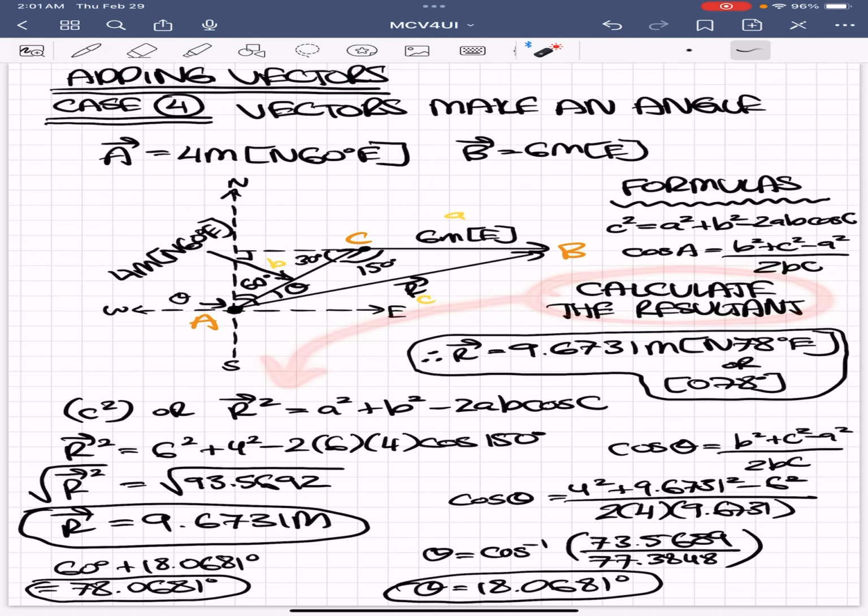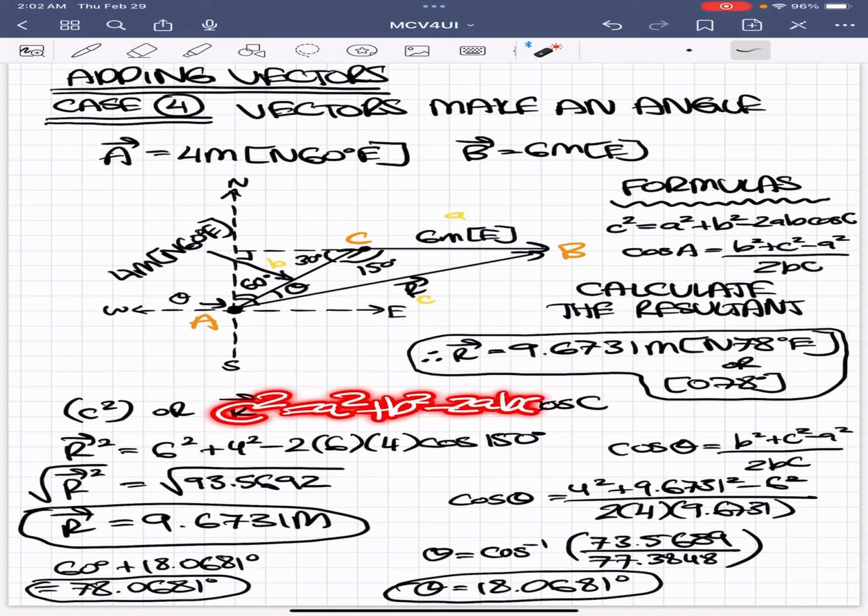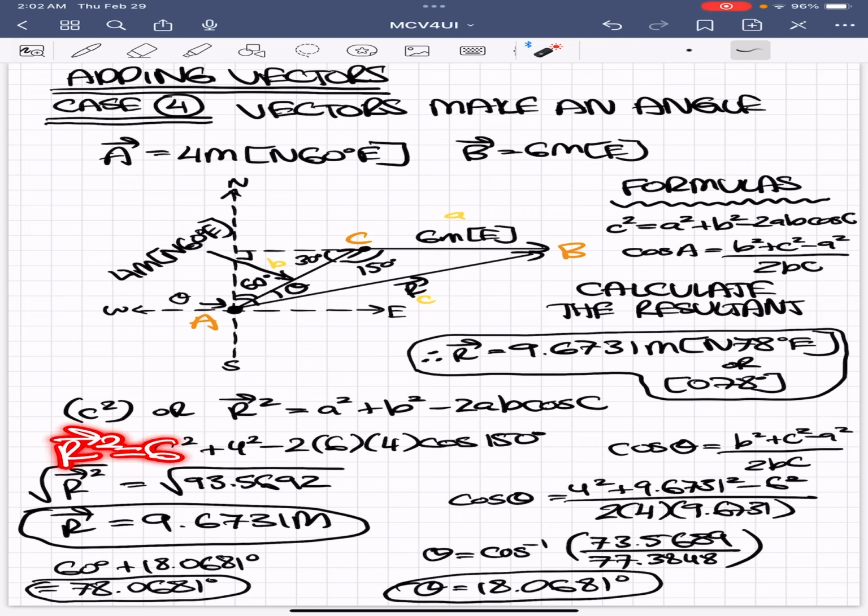We're going to go down here. C squared equals A squared plus B squared minus 2AB cos C, and that's the resultant squared. Then we plug in the numbers: 6, 4, and we have cos 150.